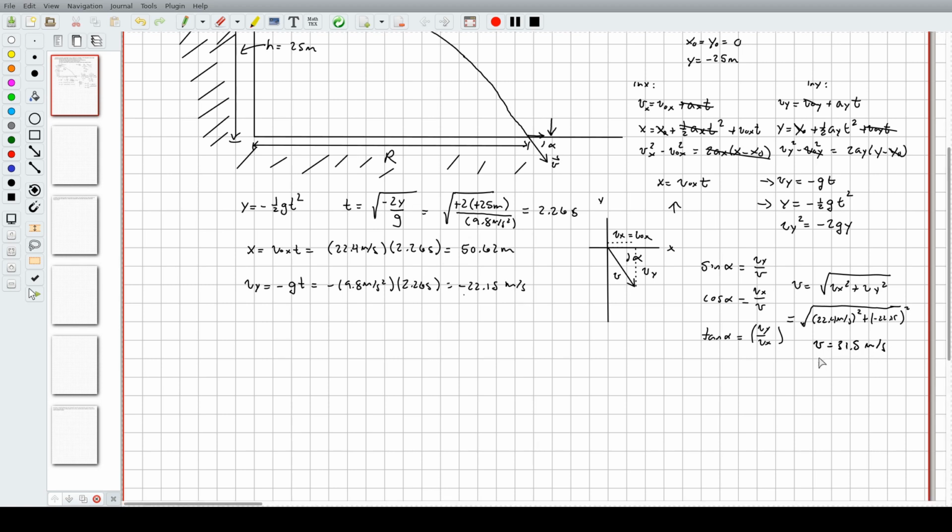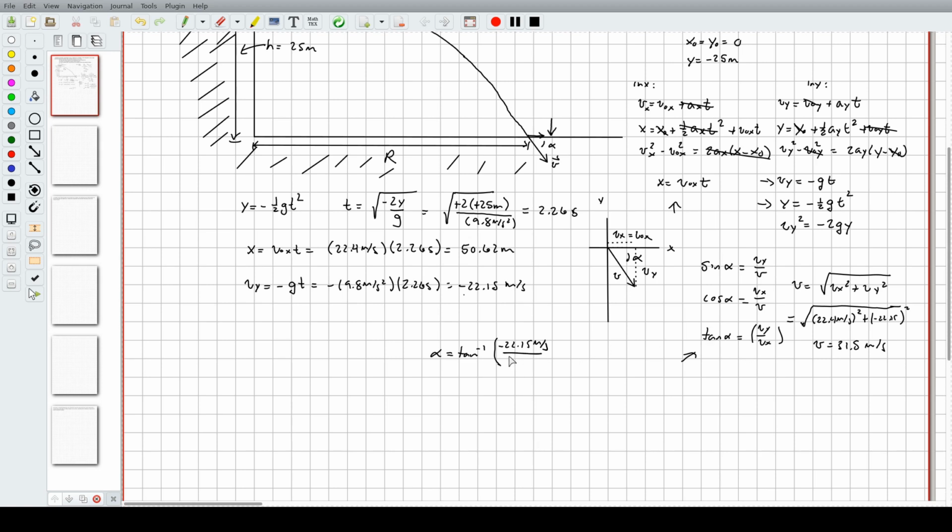So that's this magnitude. Now, what about the angle alpha? Well, you get it from here by doing arctangent. So the inverse tangent here is Vy over Vx. Let's see, Vy was minus 22.15 meters per second.